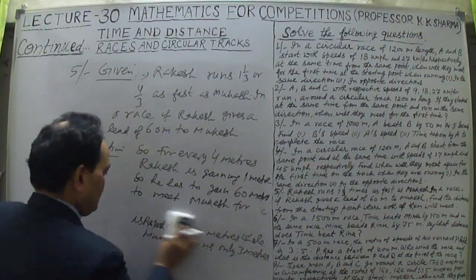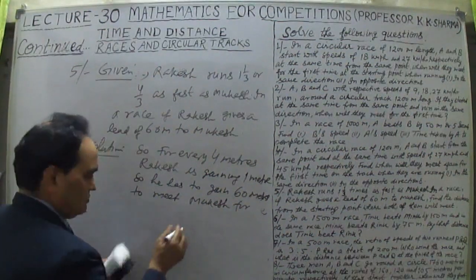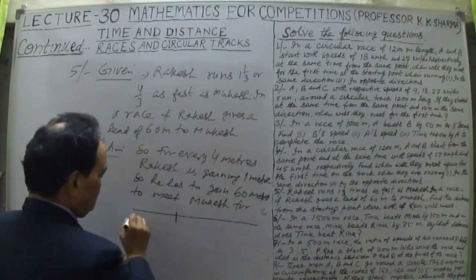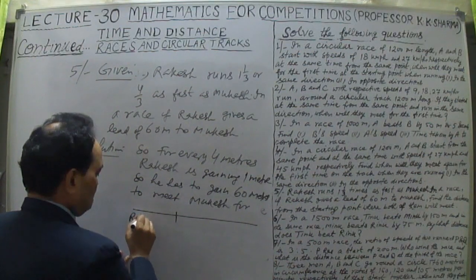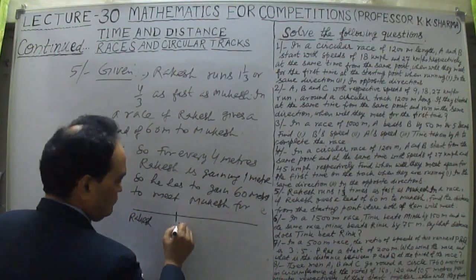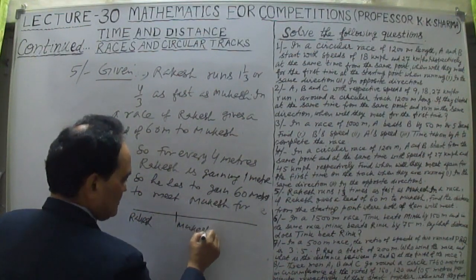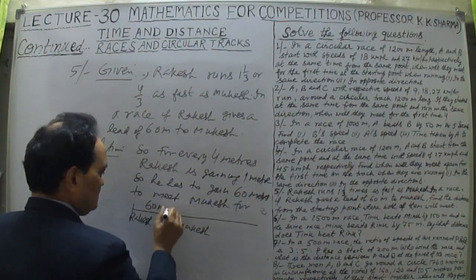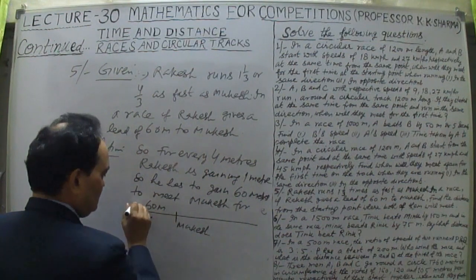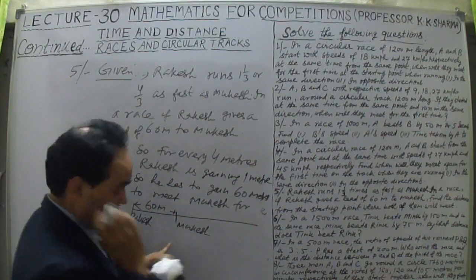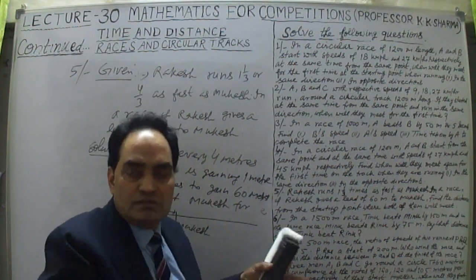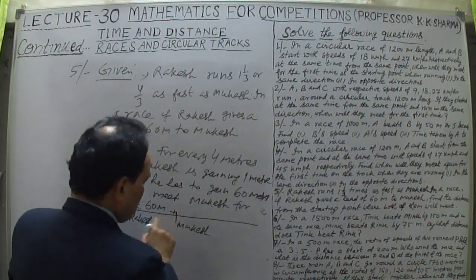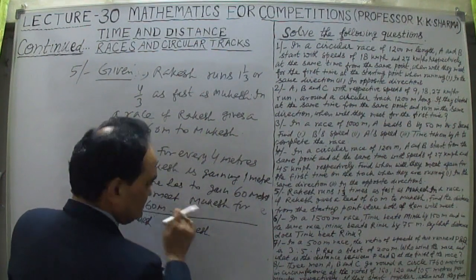Let me describe this in this form. Suppose here it is Rakesh and this is Mukesh. Now Rakesh is 60 meters behind Mukesh. These 60 meters are to be covered; for every 4 meters, Rakesh is gaining 1 meter, so 60 meters he has to cover.